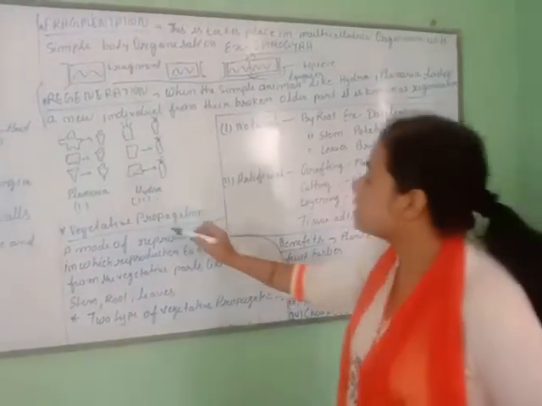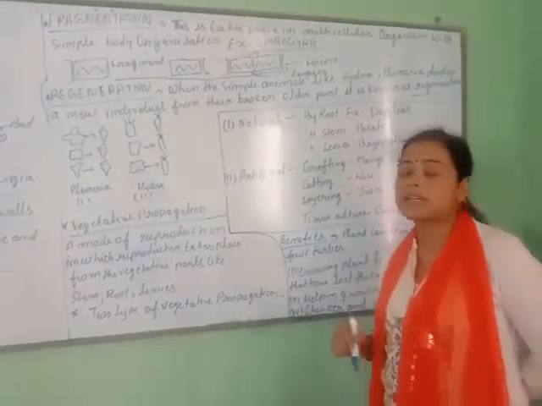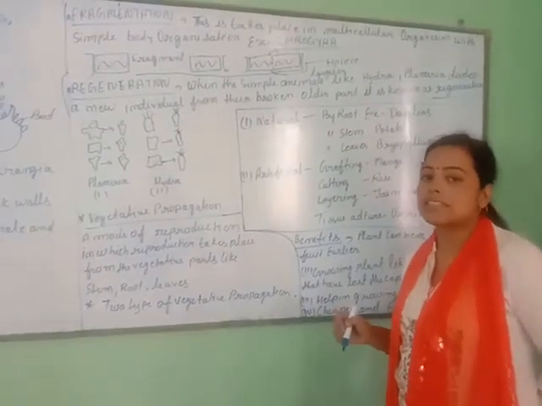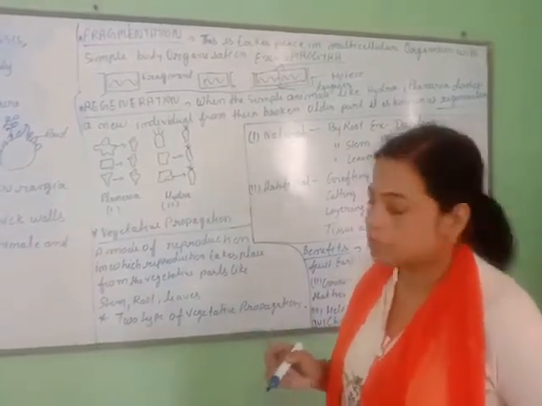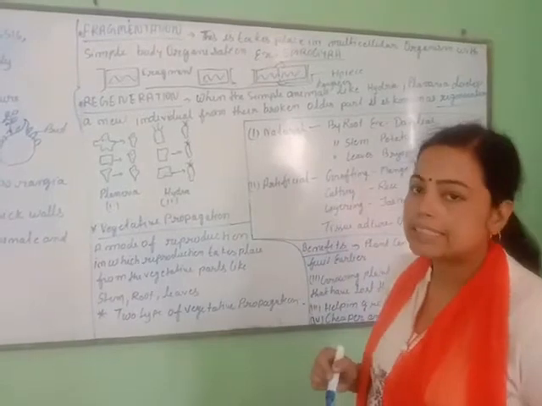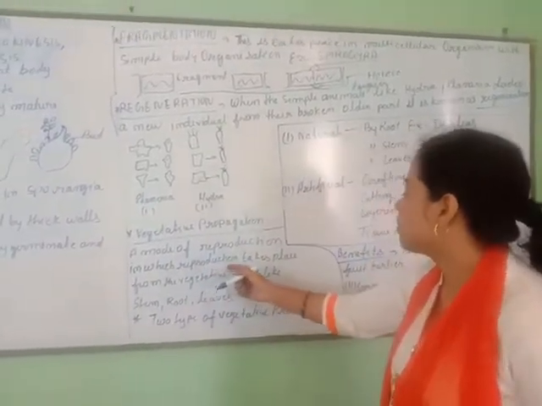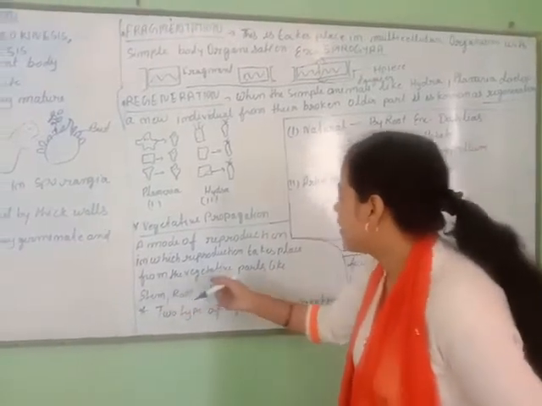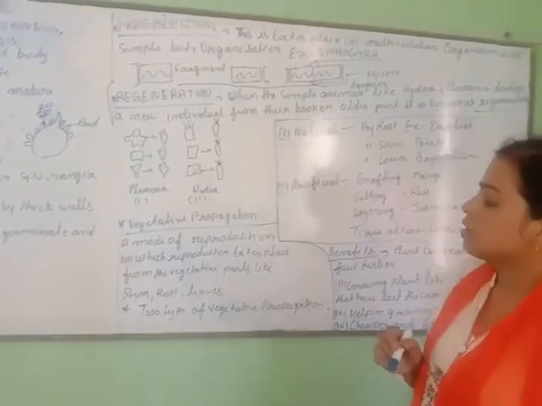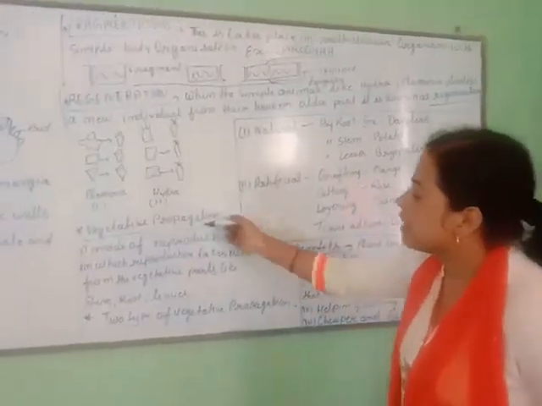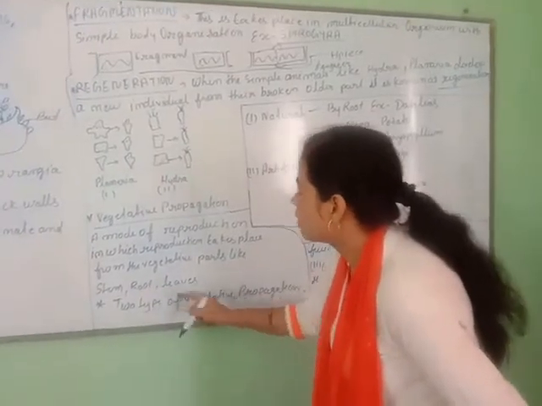Let's see vegetative propagation. We also talked about vegetative propagation in our first video, and you must watch that video. Vegetative propagation is a mode of reproduction which takes place in vegetative parts like the stem, root or leaves.